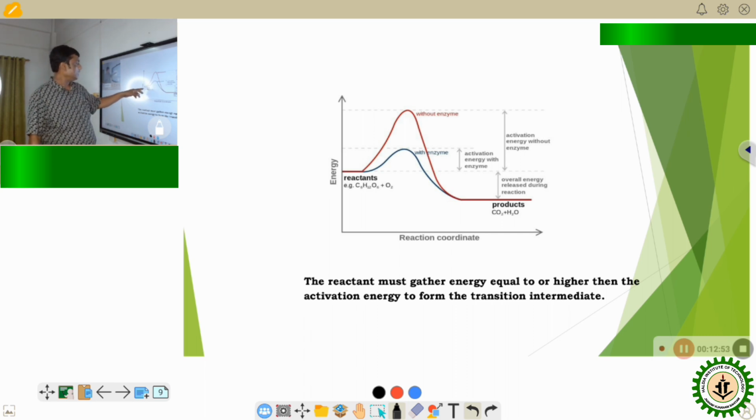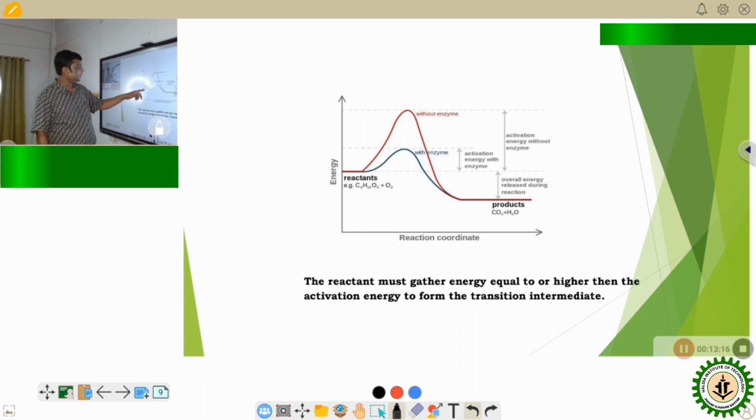Initially, we start with the substrate glucose, taking the example of oxidation of glucose. So this is glucose, and glucose is oxidized. This reactant has its own internal energy. On the y-axis there is energy, and on the x-axis we take the reaction coordinate.